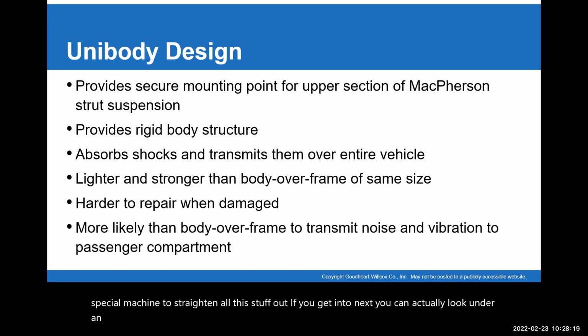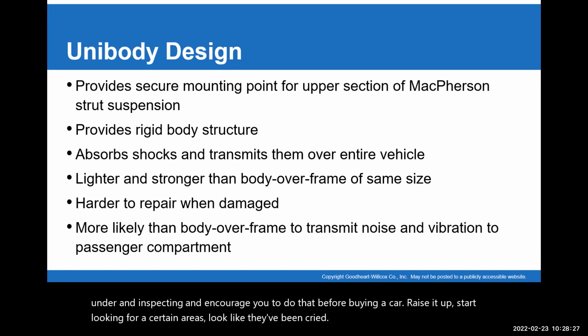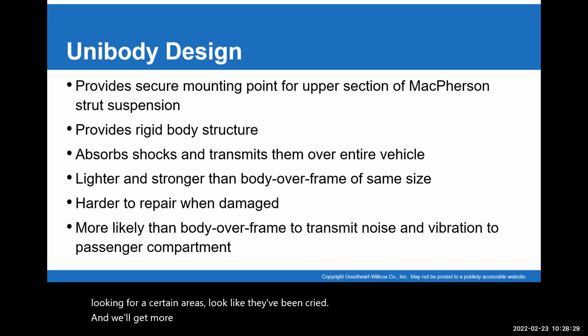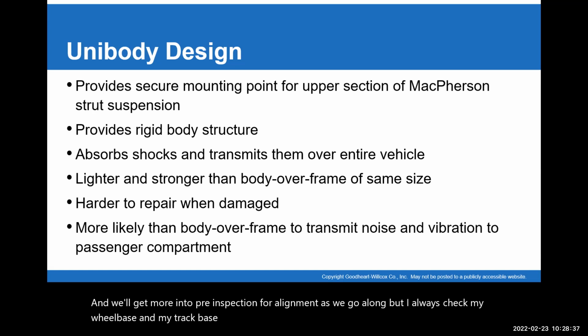I'm going to encourage you to do that before buying a car. Raise it up, start looking for areas that look like they've been cracked. We'll get more into pre-inspection for alignment as we go along, but I always check my wheelbase and my track base to make sure the vehicle is square, and if it's really off, it's been in an accident.